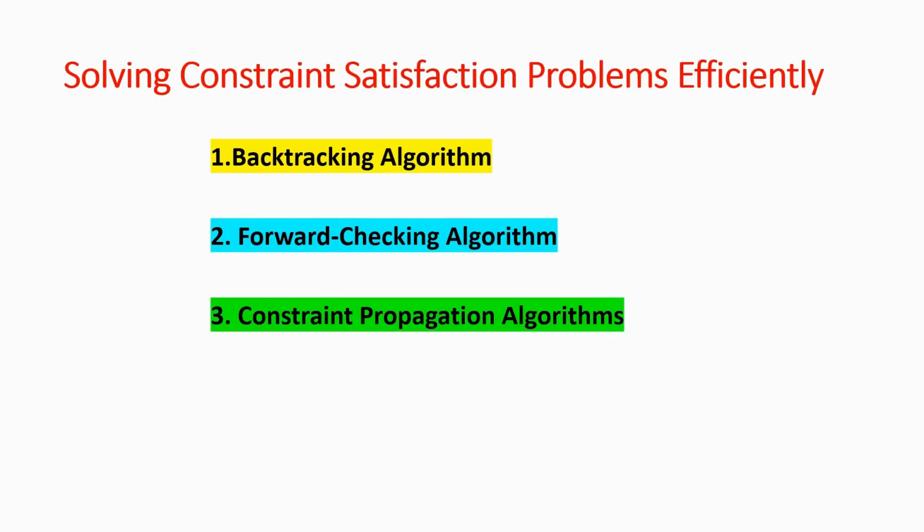In this algorithm, the concept is a broader category of techniques of which forward checking is a simple form. The constraint propagation algorithm works by iteratively reducing the domains of variables by removing values that are inconsistent with the constraints. The goal is to enforce different levels of consistency across the CSP, using constraints to eliminate values from variable domains that cannot possibly be part of a valid solution given the current state of the domains.